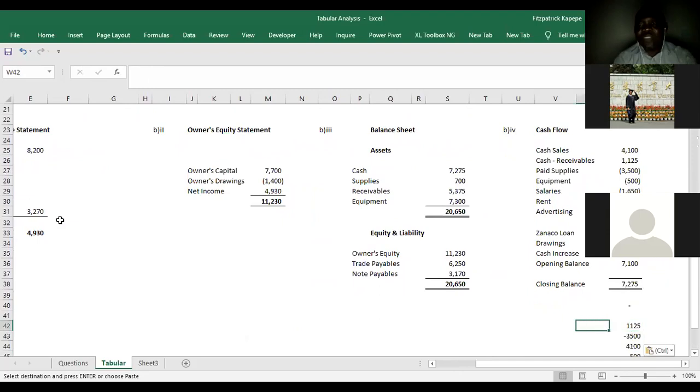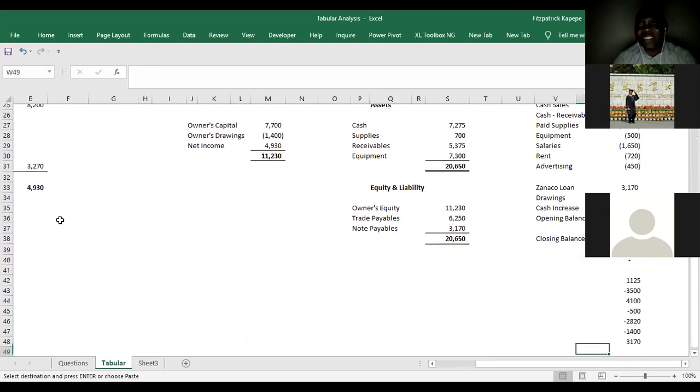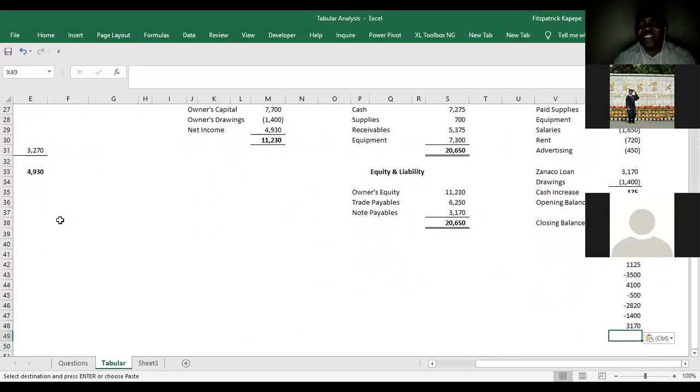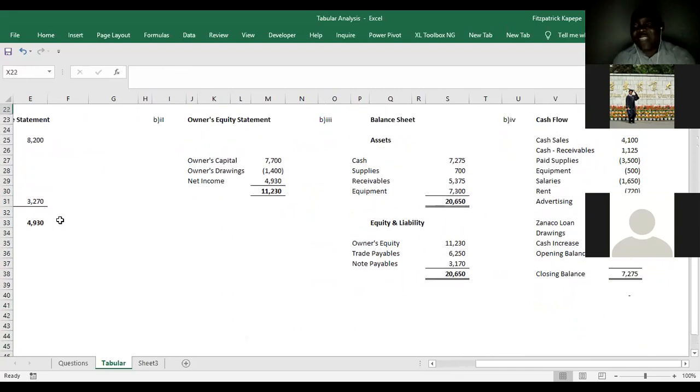Then now you start putting the descriptions. Then down here, this is where now you bring in your closing balance, your opening balance. Then you're done. So if you check all these numbers that we have here, they are actually in the cash column, right? Yes. Mm-hmm.